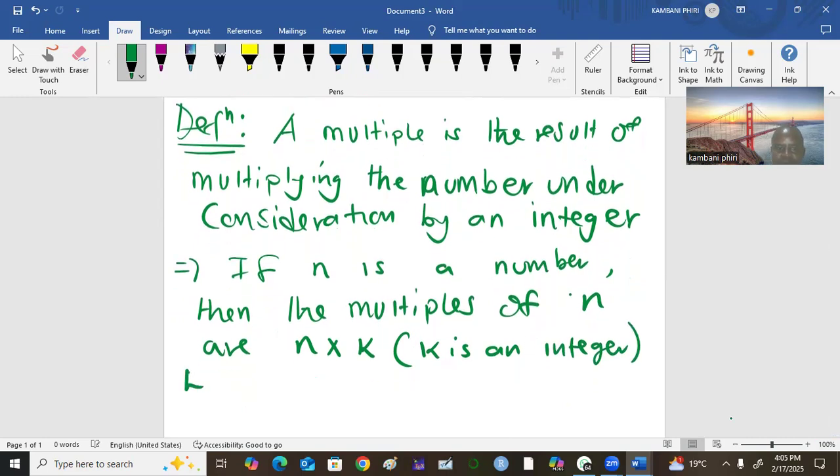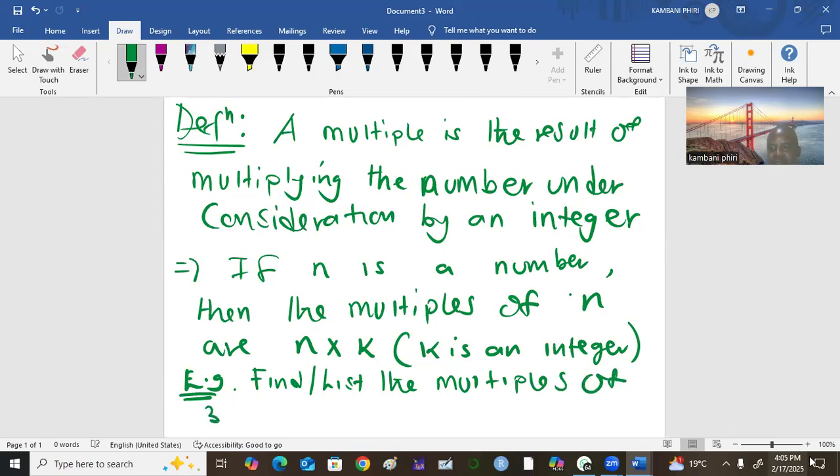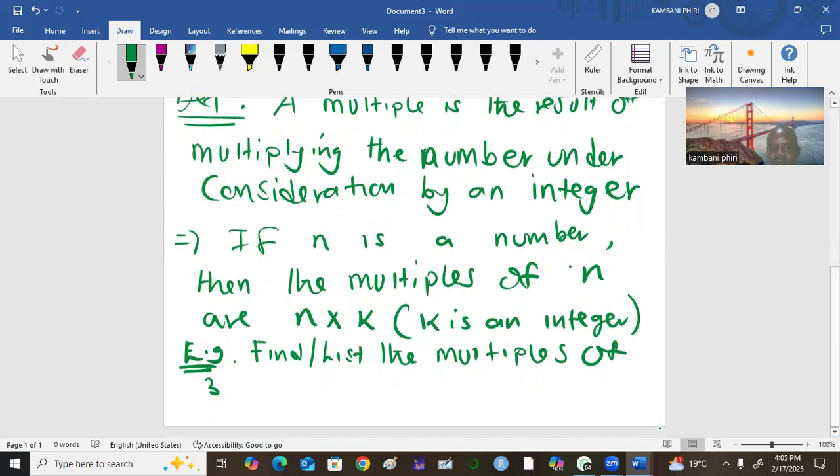E.g., list the multiples of 3. What is our solution?